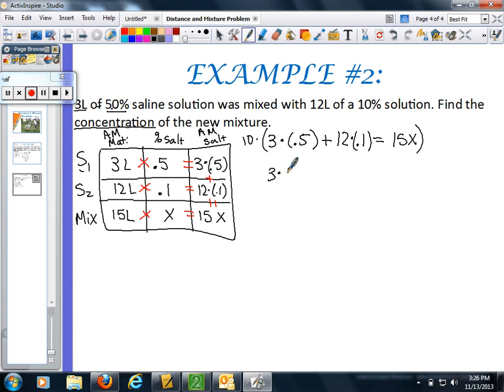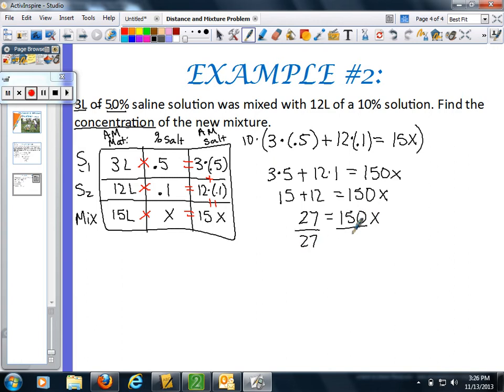So that's 3 times 5 plus 12 times 1 equals 150 times x. Now I'm just going to simplify and solve. So this is 15 plus 12 equals 150x. 15 and 12 is 27 equals 150x. Now I'm going to divide by 27, and I'm going to get that x equals 150 divided by 27.